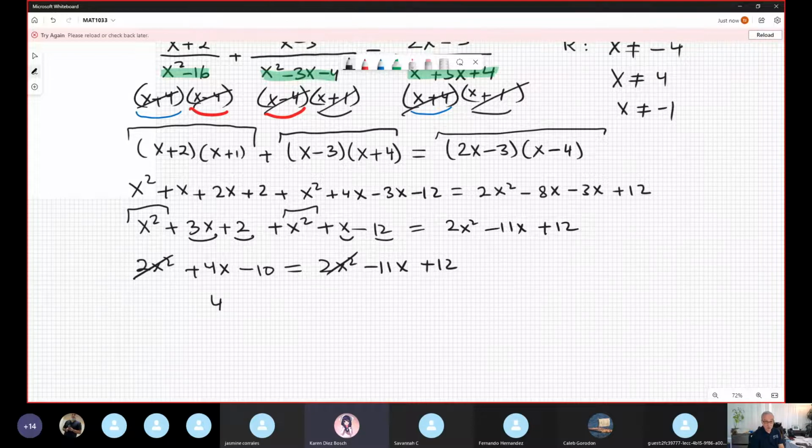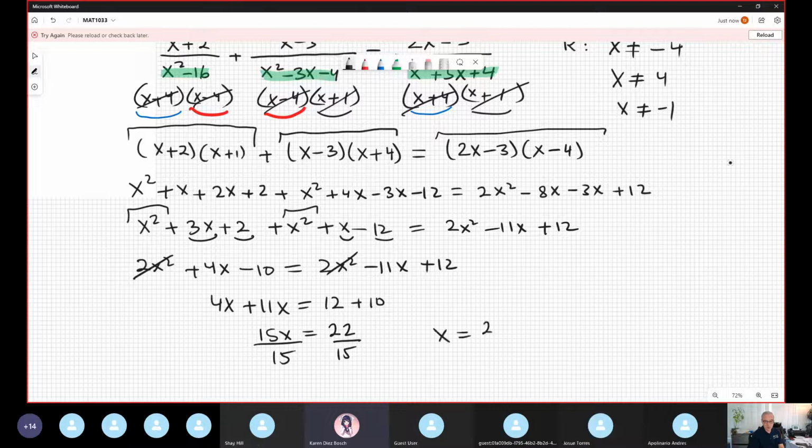As the 4x stays here, I move 11 to the left, change the sign, negative to positive, and this is 12 stay. Ready, 15x equals 22. Divide 15 both sides, x is equal to 22 over 15.